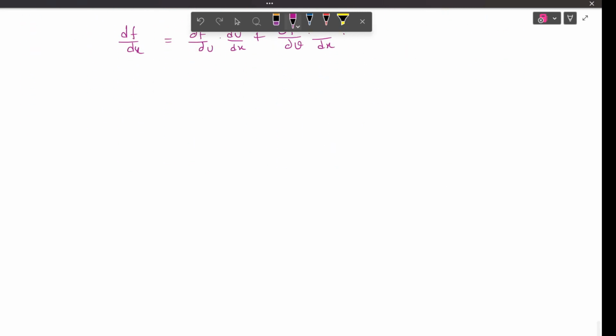Let us say we have this question: if y is log of u square plus 1 and u is sine of x, find dy by dx.